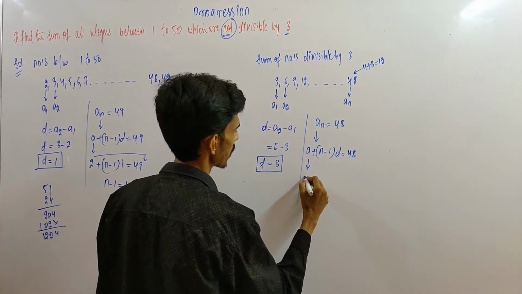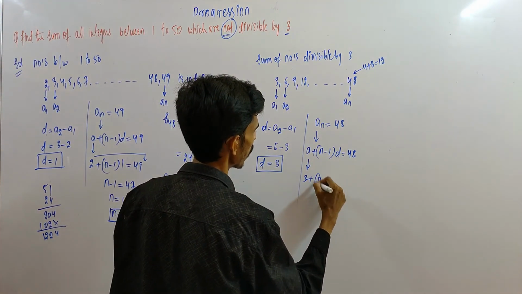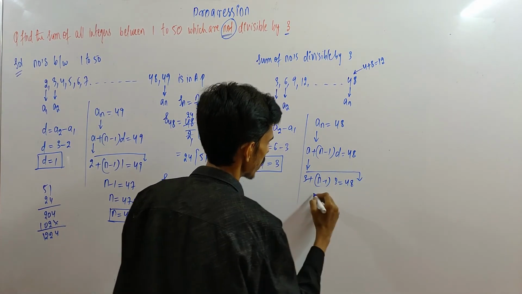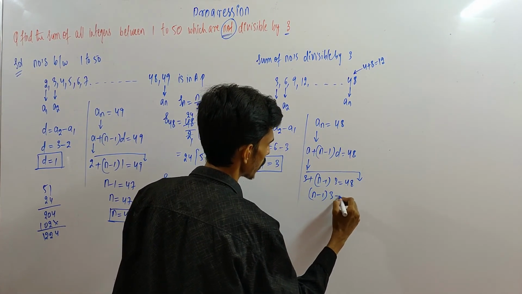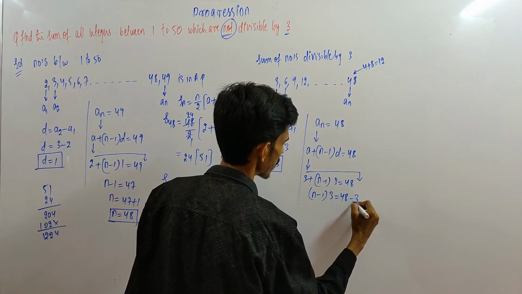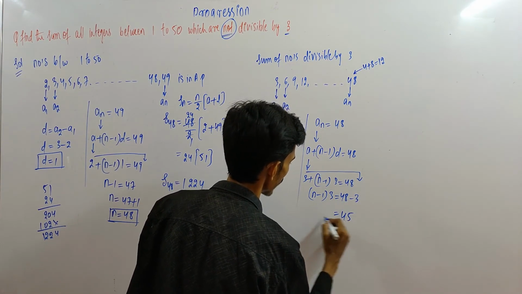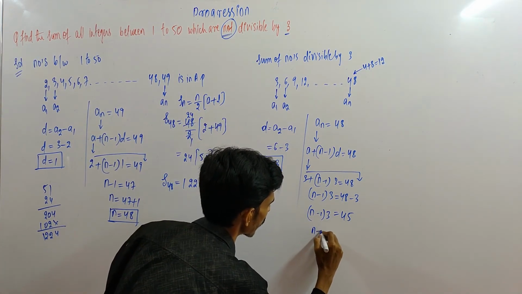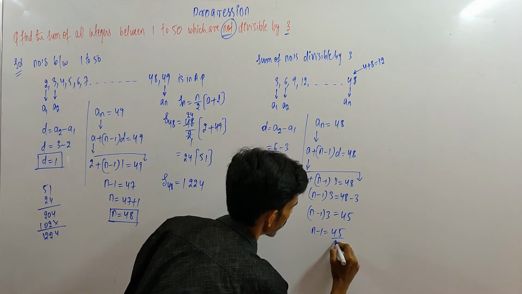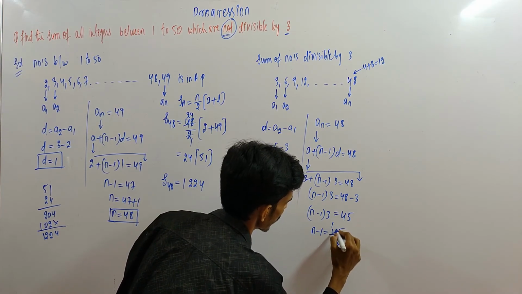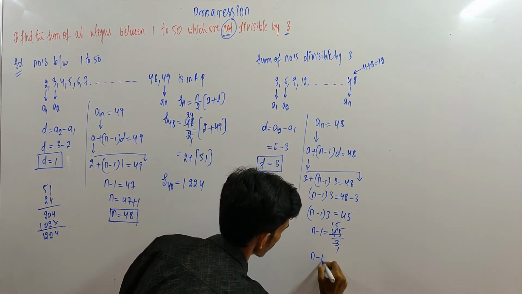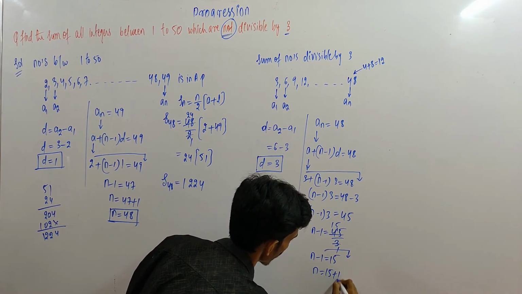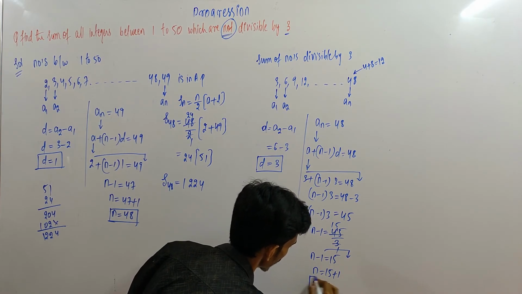A value is 3, plus n we don't know, d value we have 3, is equal to 48. So we have (n minus 1) into 3 is 48 minus 3. We have 45, divided by 3. 3 fives are 15. So we have n minus 1 as 15. Take this here, we have 15 plus 1, that is 16.